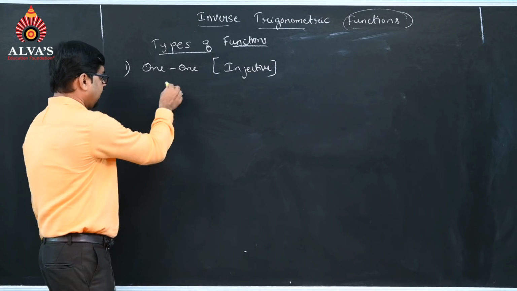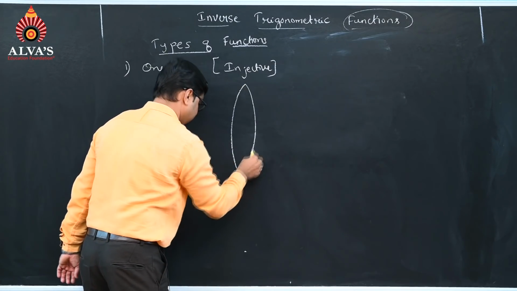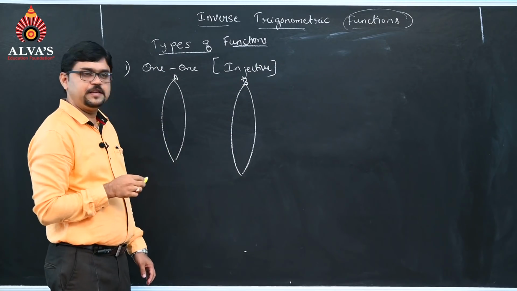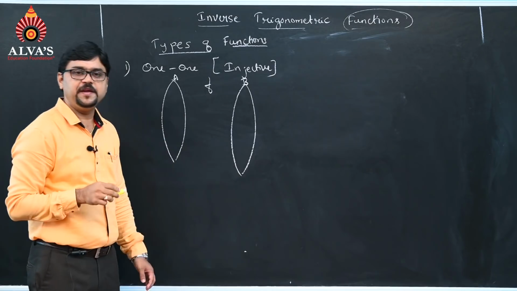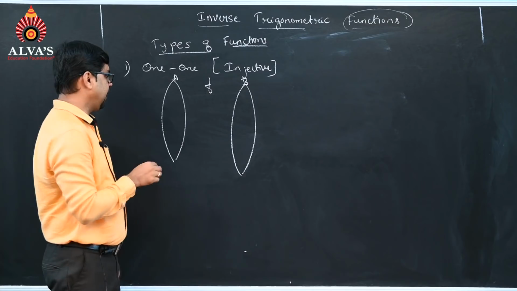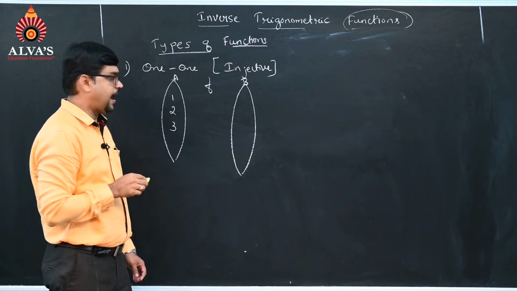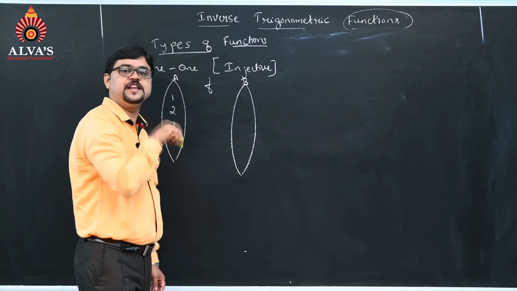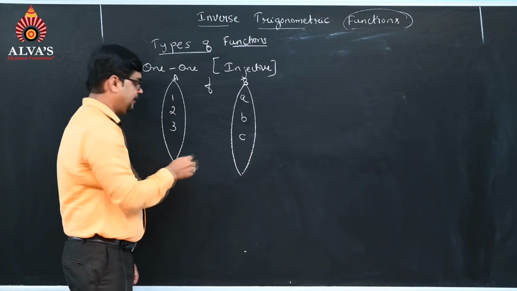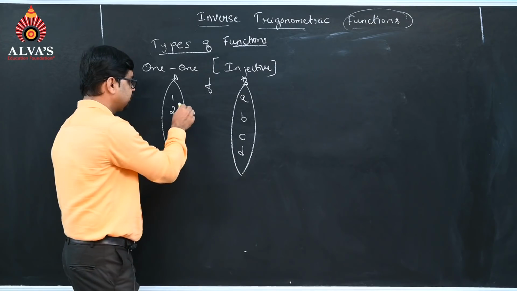That means a function f from A to B is said to be one-one or injective if distinct elements of A have distinct images in B. If you take an arrow diagram, it will give a clear picture about the one-one function.